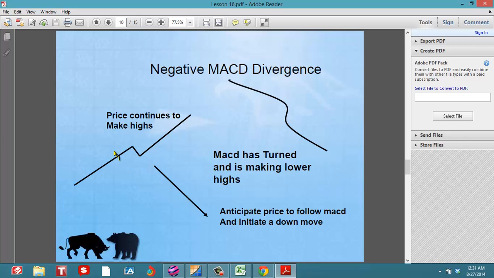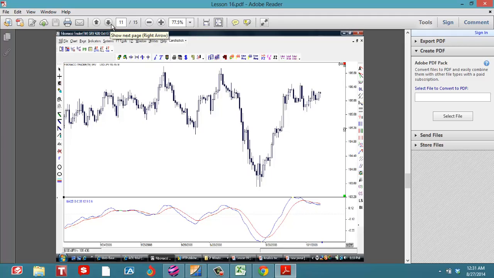Now the same thing goes opposite. If the stock is going up and the MACD is starting to head down, we can anticipate down. This would be good when we run the list for seasonality to the downside. That would be a good list here.